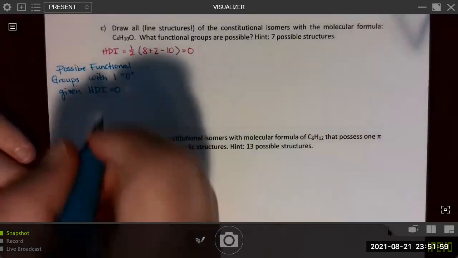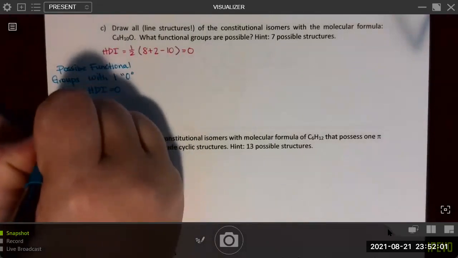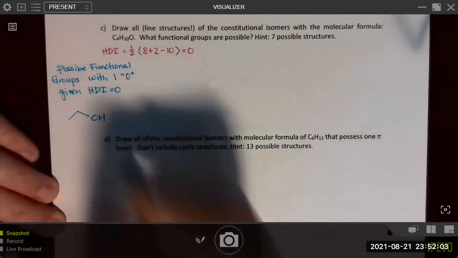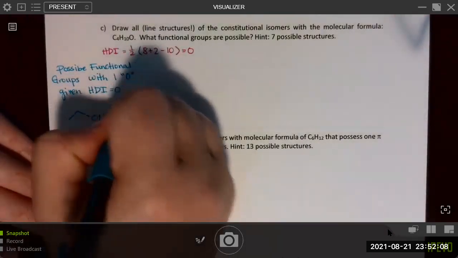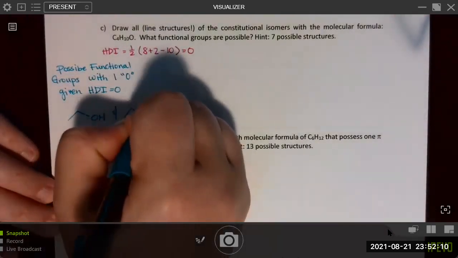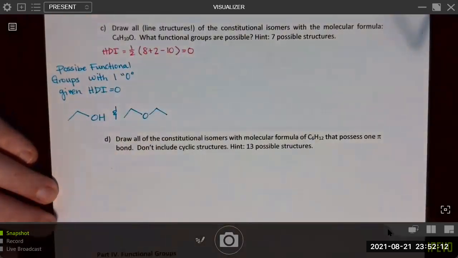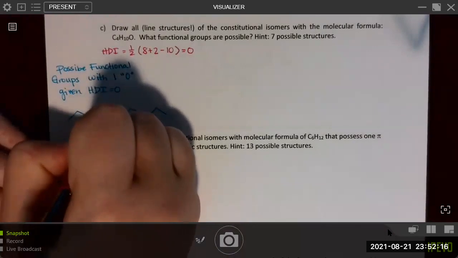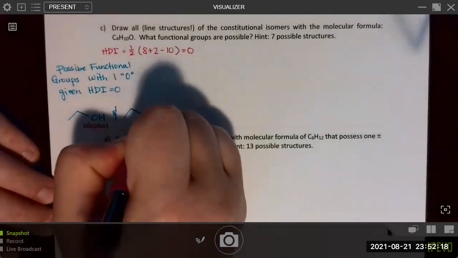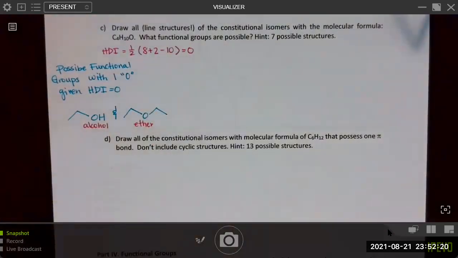Those are the alcohol, where we have the OH group, and the ether. Those are the only 2 that we can use. So that really narrows it down. We know what functional groups we're going for. That's really helpful.